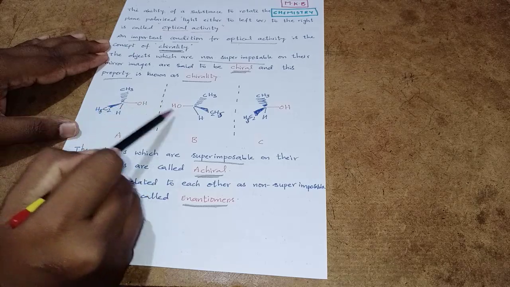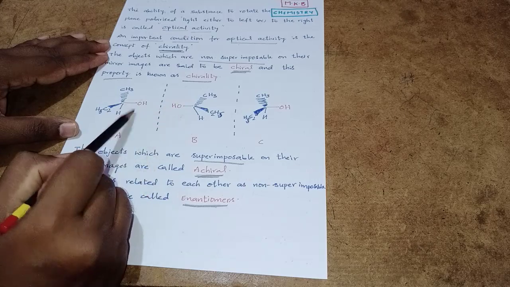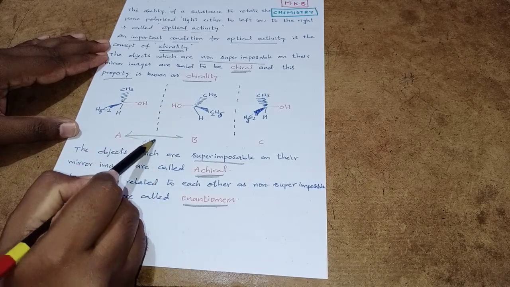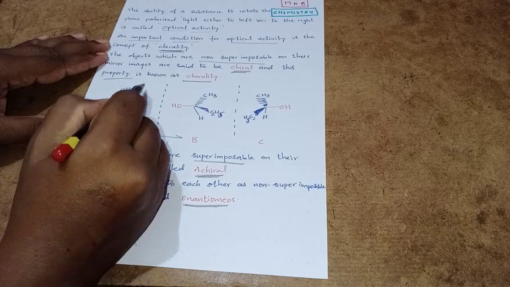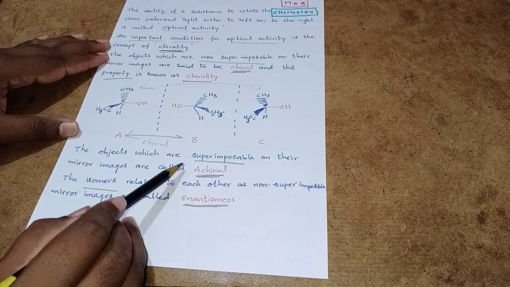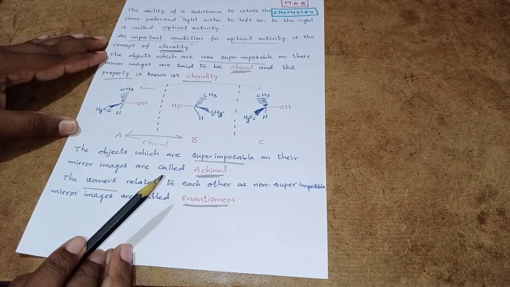The first two are mirror images but not superimposable. A and B are chiral molecules. Whereas A and C, see here, they are not mirror images and also they are superimposable. So this is the concept of optical isomerism. Thank you.